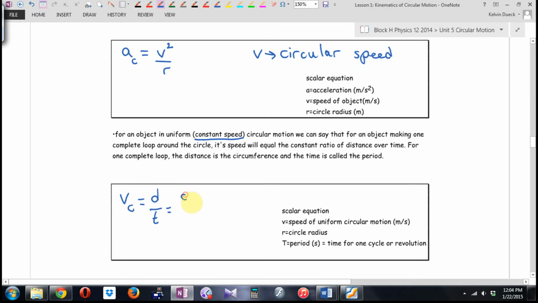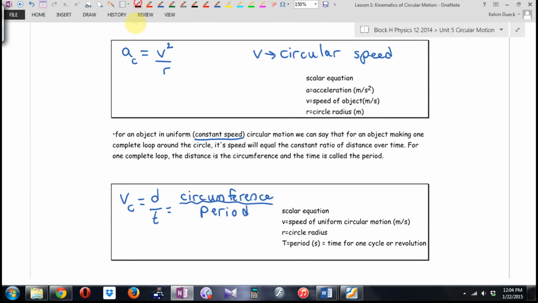We call it the circumference over the. And we have a special word for the amount of time it takes to complete something once. We call it the period. Your circular speed is the circumference divided by the period. That's how I derive it.